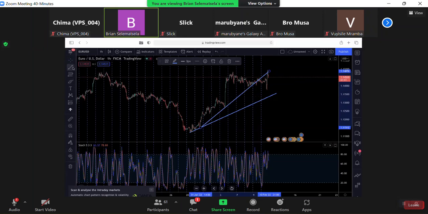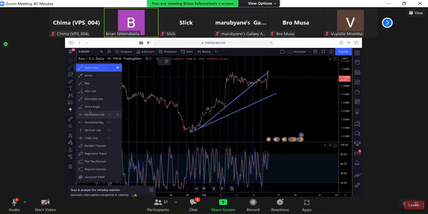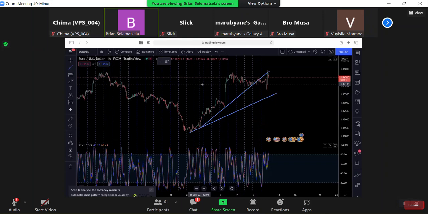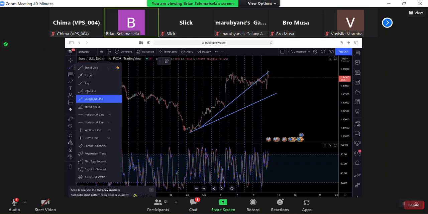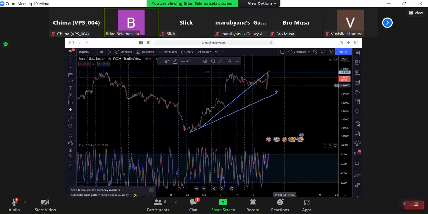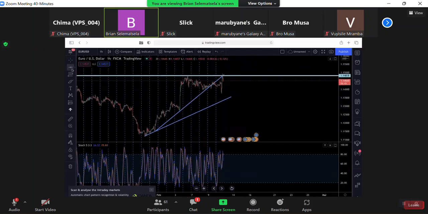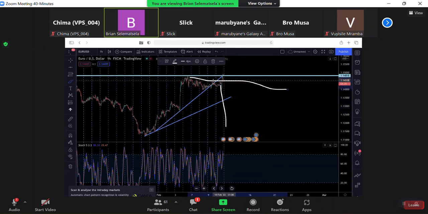But looking at this, if I put my horizontal line here, I would have seen that I cannot draw a footprint line from there. So if the market here would have gone down, I would have drawn it there. But now that it went to that exact point, it is a failed trade.